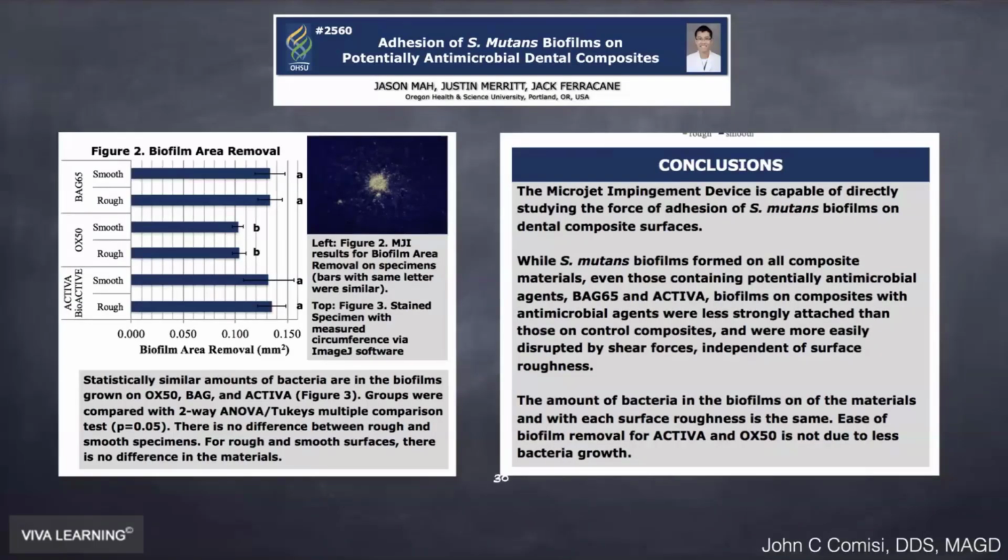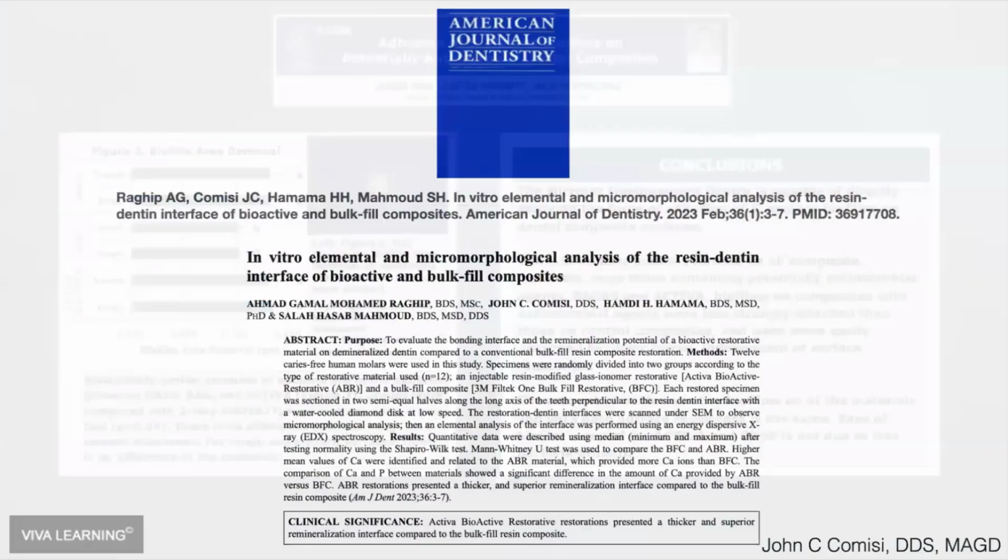And then a poster several years ago, featured by one of Jack Ferracane's students, talked about the strep mutans biofilm and the ability of the Activa and the bioglasses to help reduce the biofilm in the area and reduce the growth of bacteria. So when we're using these interactive, ion-providing materials, we're going to be able to significantly hinder some of the breakdown that we're commonly seeing around restorations.